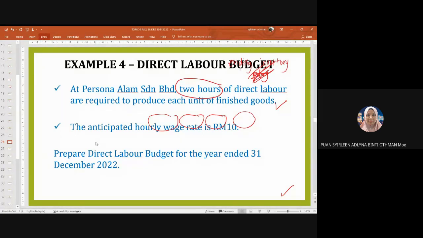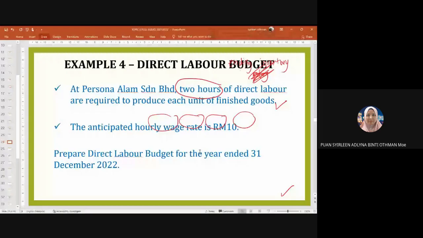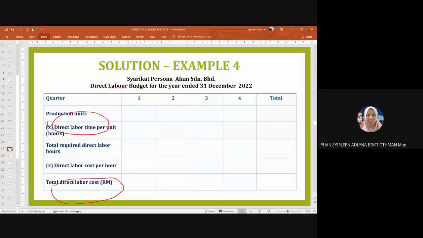The rate is 10 ringgit, and we are supposed to prepare the direct labor budget. Okay, next slide.